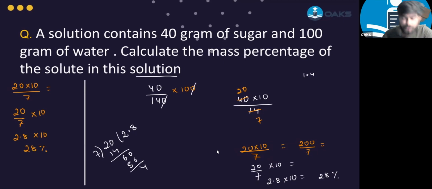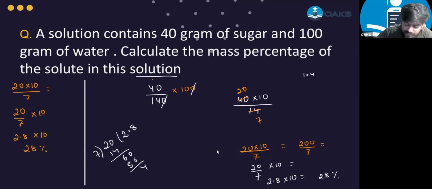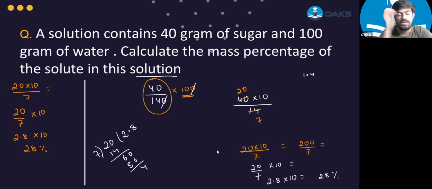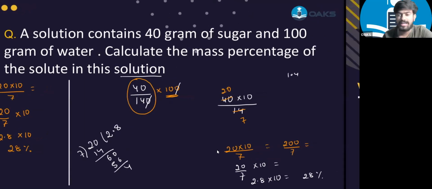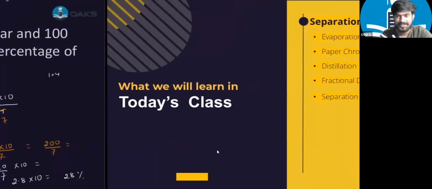Why did we do this? Because we have solved this term individually and then this term individually. This is applicable for this kind of question only. For every question, you just can't solve it individually and multiply. Clear to everyone? That's good. Should I move forward?